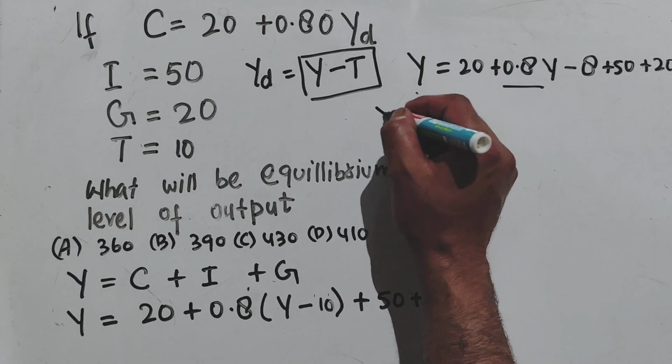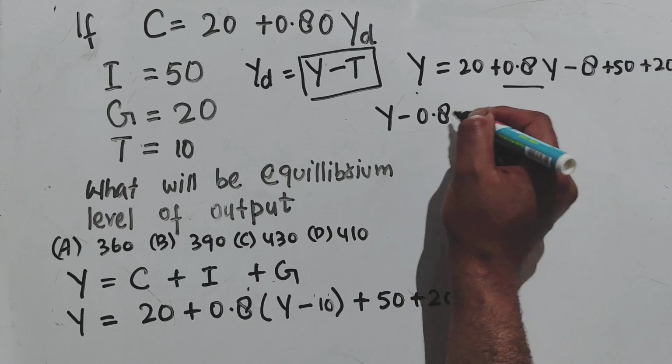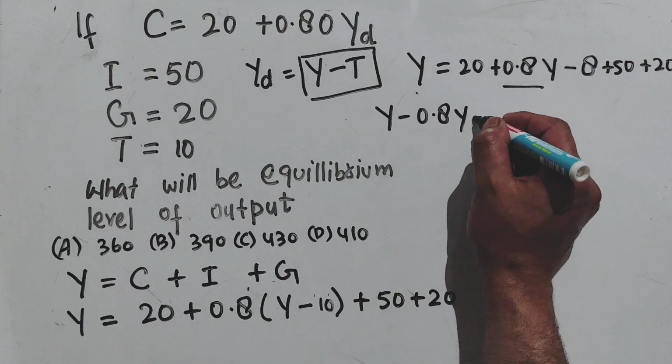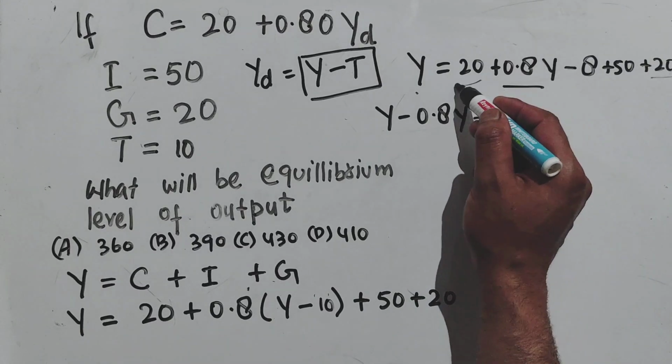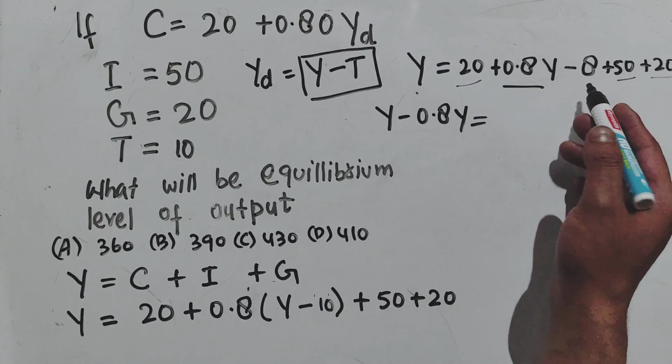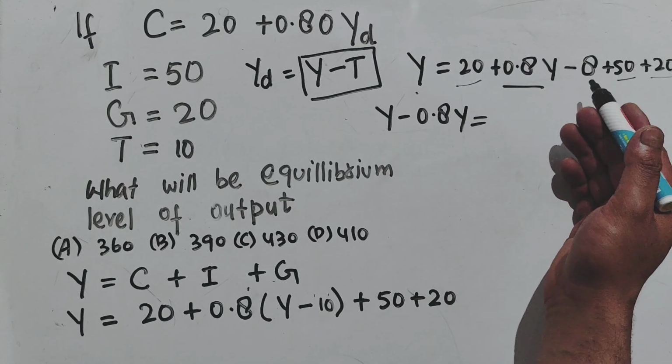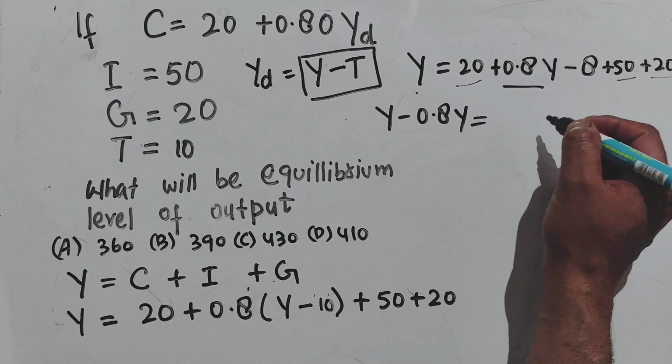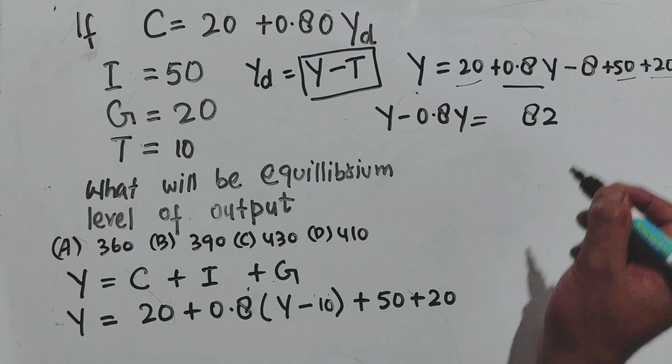Transpose this Y here, so we get Y minus 0.8Y. So we have 20 plus 20 is 40, so 40 plus 50 is 90. 90 minus 8, that's 82 I guess, sorry, which is 82.